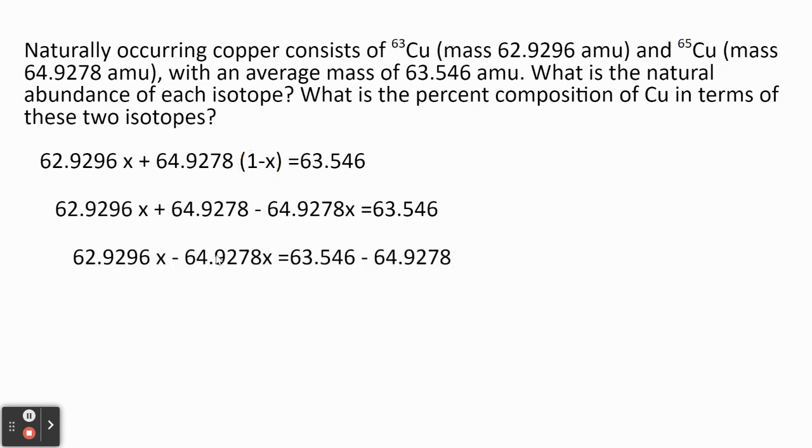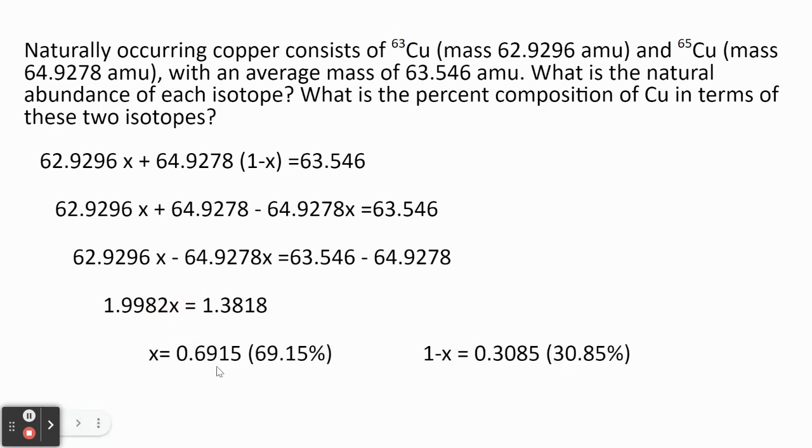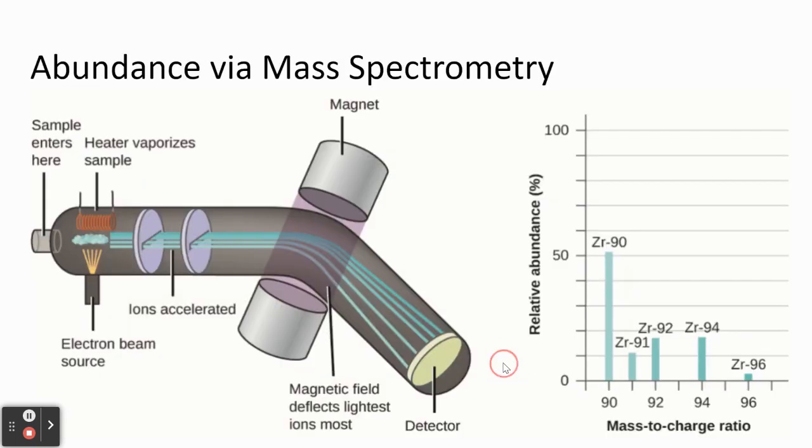We're going to isolate our X variable. We're going to solve for X, and that's going to give us our natural abundance for each isotope. So copper 63 is 69.15%, whereas copper 65 is 30.85%.